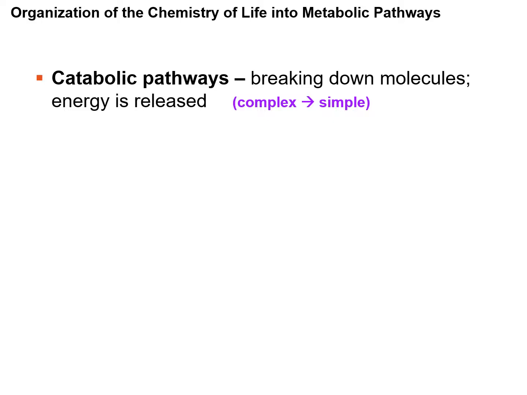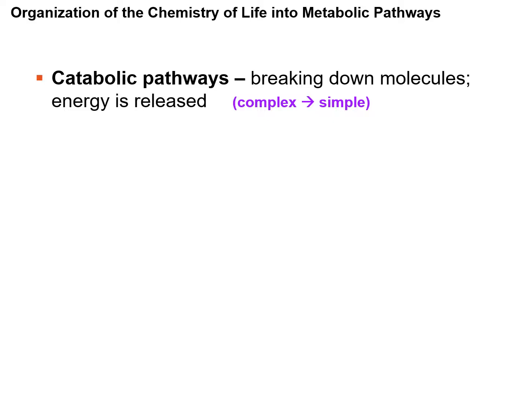With that being said, there are 2 types of metabolic pathways, catabolic and anabolic. Let's consider catabolic pathways first. Catabolic pathways release energy by breaking down complex molecules to simpler substances.